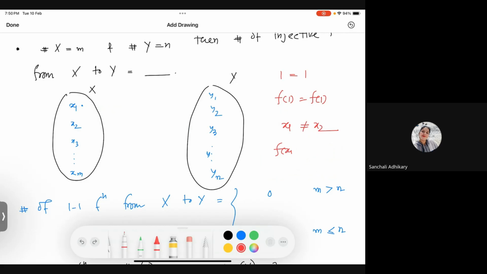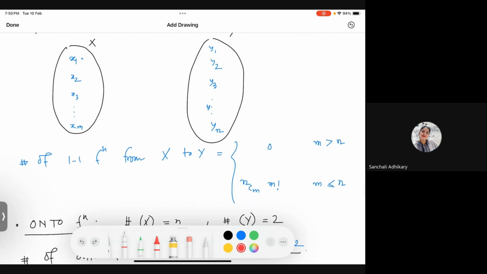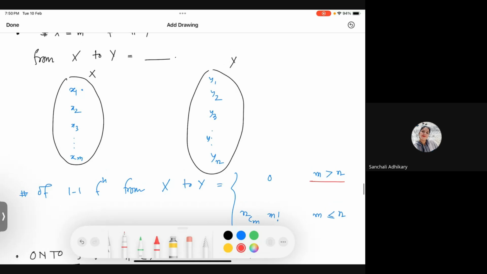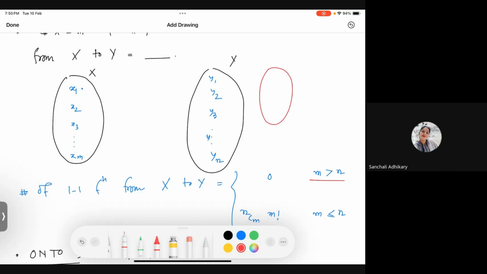So I am asking how many one-one functions there are from X to Y. If m is greater than n, first of all observe this: for example, X is 1, 2, 3 and Y is 1, 2.